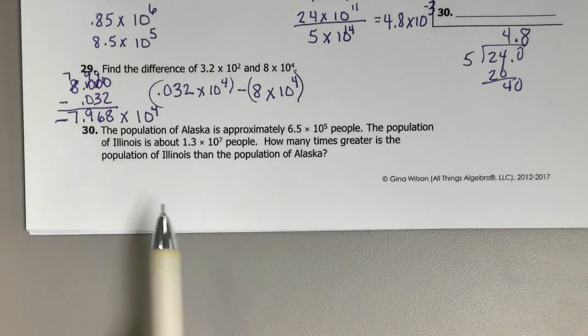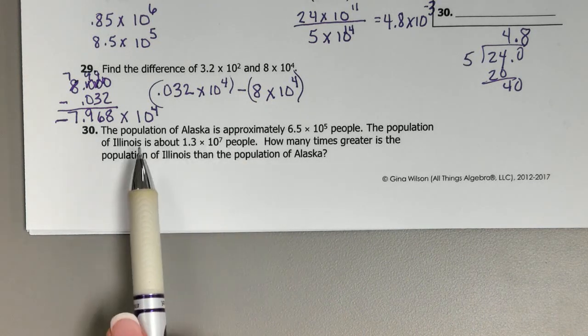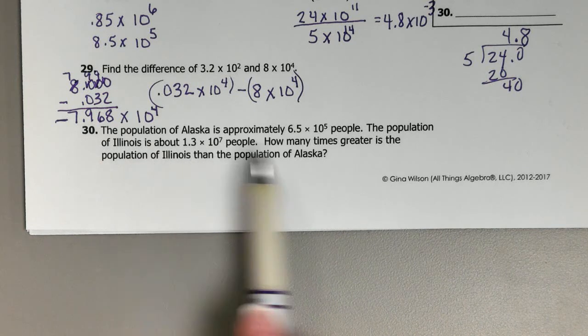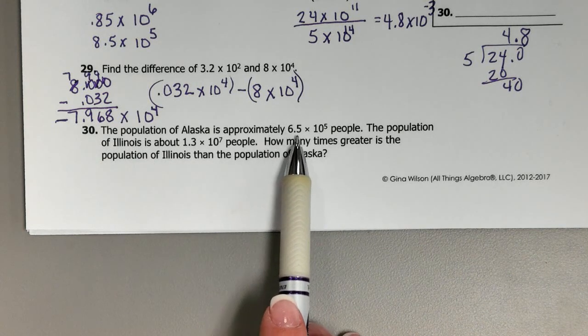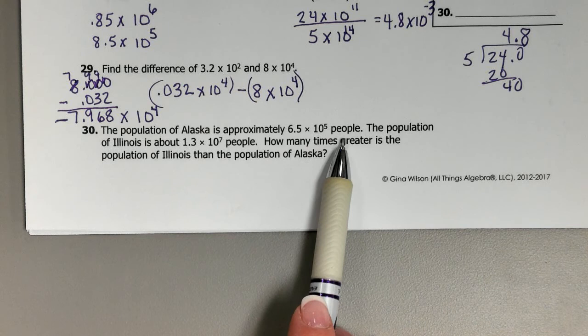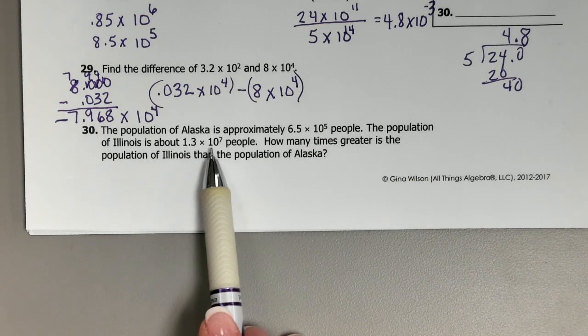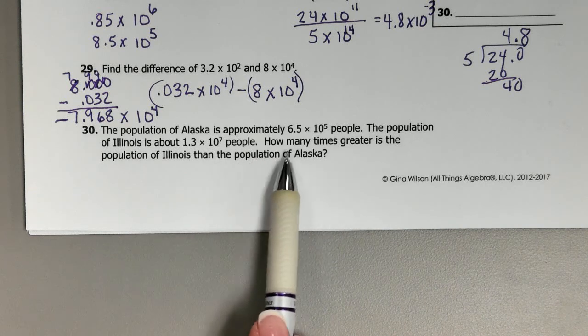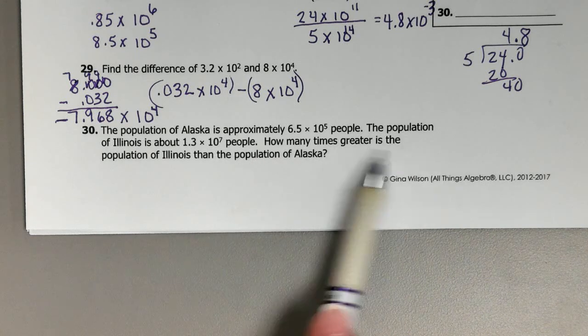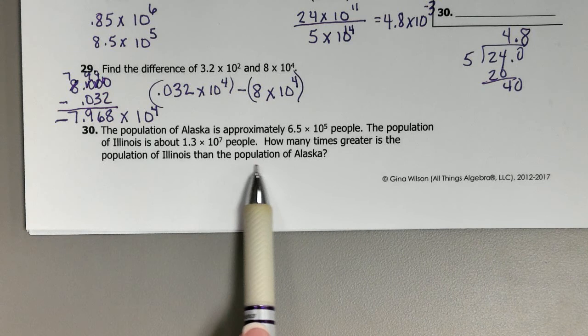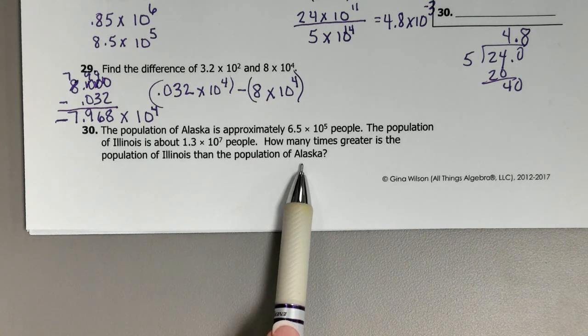Okay. All right, and then the last one, it says the population of Alaska is approximately 6.5 times 10 to the fifth people. The population of Illinois is about 1.3 times 10 to the seventh people. How many times greater is the population of Illinois than the population of Alaska?